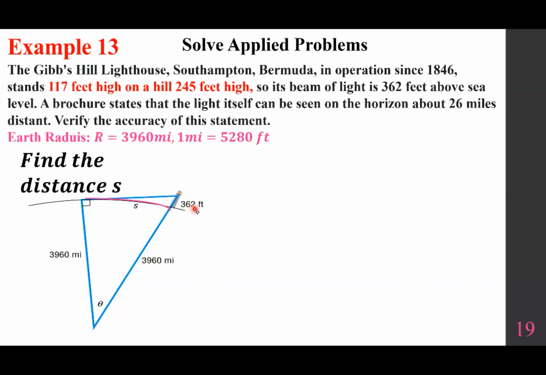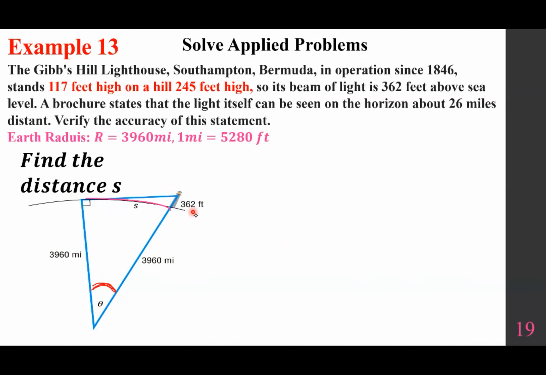So again, this is blown out of proportion so we can see that. What is cosine of theta? Cosine of theta is the adjacent over the hypotenuse. The adjacent is 3960 miles. The hypotenuse is 3960 miles plus 362 feet.